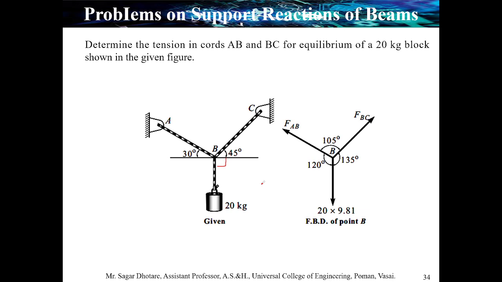With this simple conversion we can find the exact forces in chord AB and chord BC. Applying Lami's theorem, if we consider force AB, it has a sine ratio with the angle 135 degrees. So you can write F of AB divided by sine of 135 equals F of BC divided by sine of 120, equals the last one, the 20 kg mass converted into Newton, 20 into 9.81, divided by sine of 105.